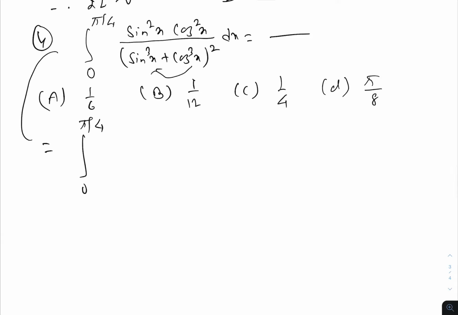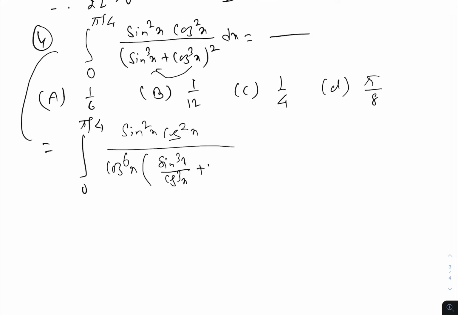So it is like this, sin square x cos square x. So we take cos cube x outside, power 2, so this is cosine power 6 x. This is sin cube x over cos cube x plus 1, whole square dx.